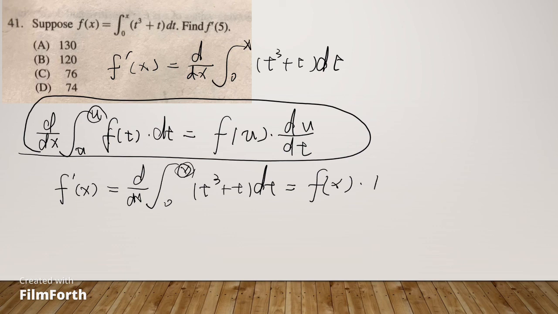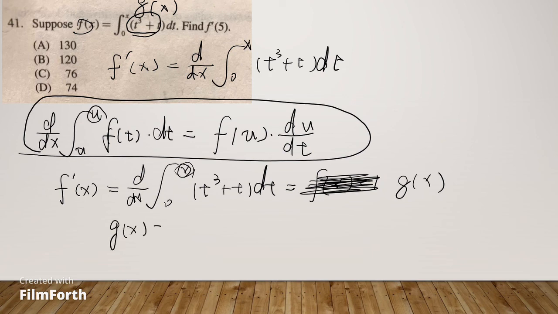So that means it equals f of x. So this f is this function, so I should use another letter to represent it. We call it g of x, because we already have f of x. So g of x equals x cubed plus x.